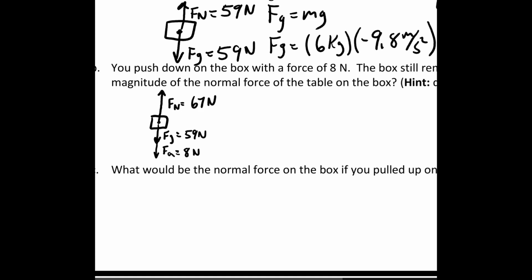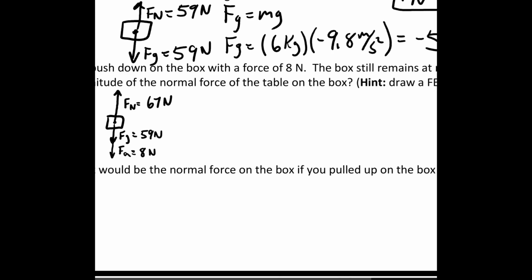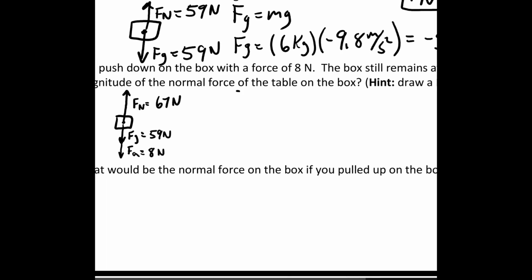If we wanted to calculate this, we could say that the net force is equal to the sum of all the forces: the normal force plus the weight plus this new applied force. Now the net force is 0 because you're still at rest.